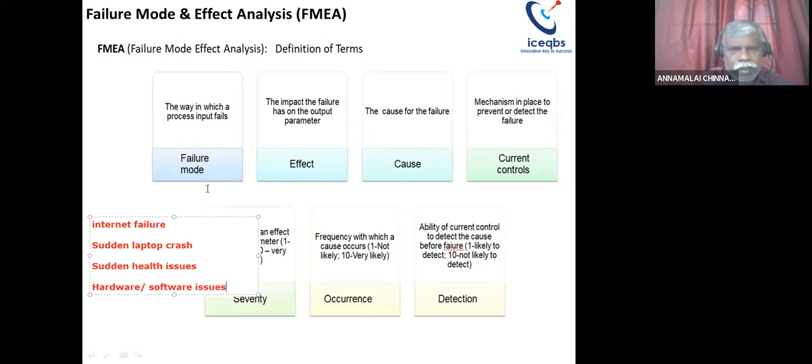So these are all some of the possible potential failure modes that can prevent me from meeting the customer requirement of providing 8 hours of uninterrupted online training.